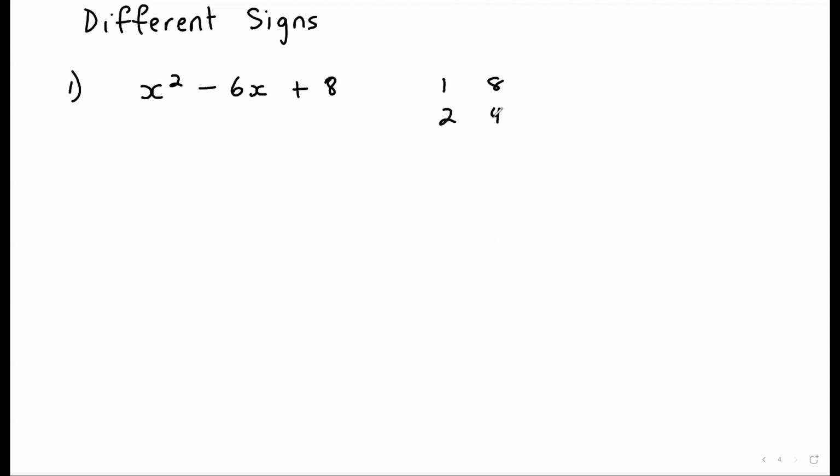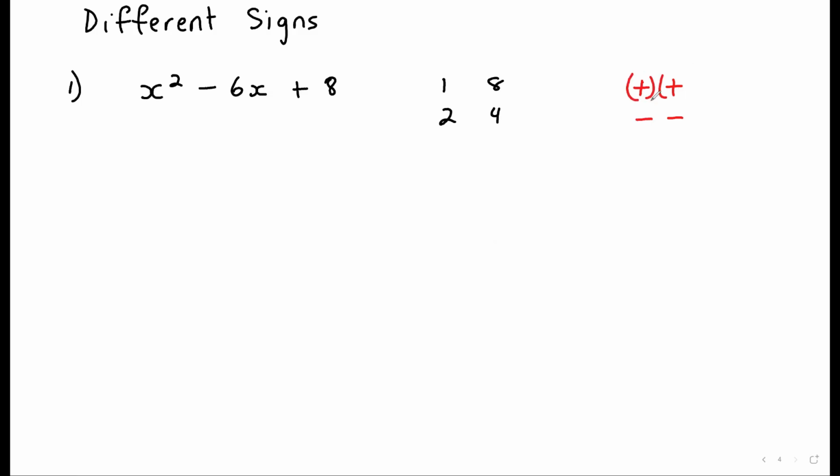But the signs are going to be different because you need a positive 8 and a negative 6. The numbers have to multiply to give you a positive 8. Well, if you think about it, there are two instances when you could multiply two numbers and get a positive product. It would be when both of them are positive or when both of them are negative, right?